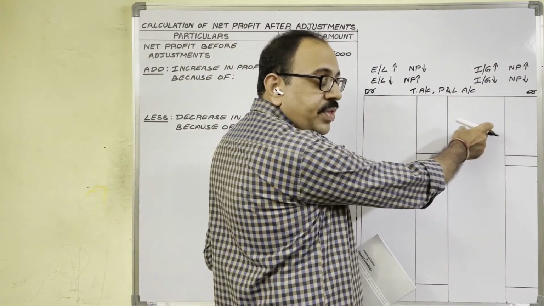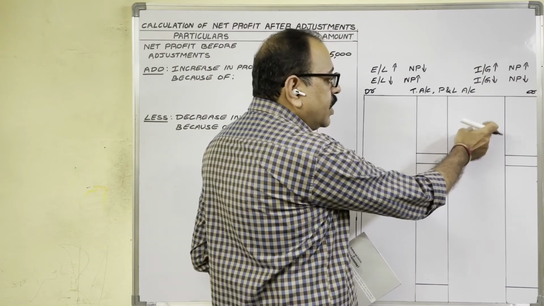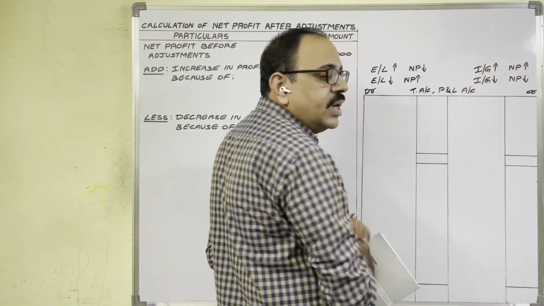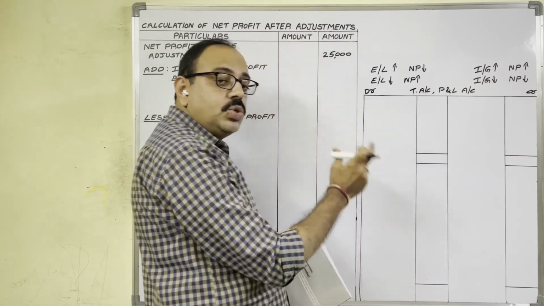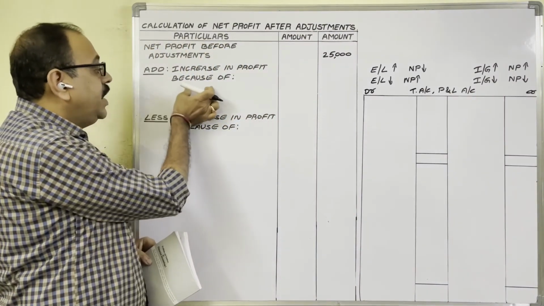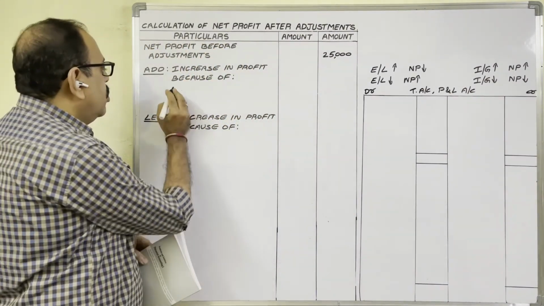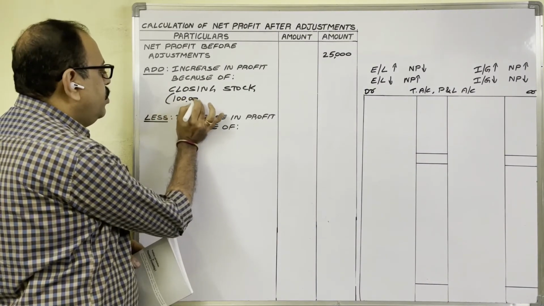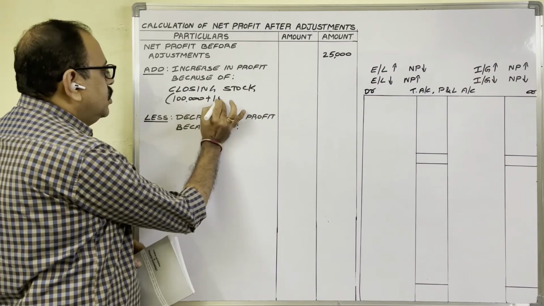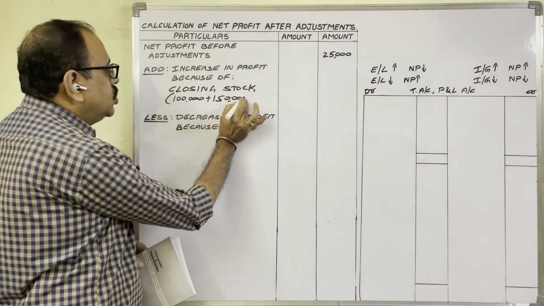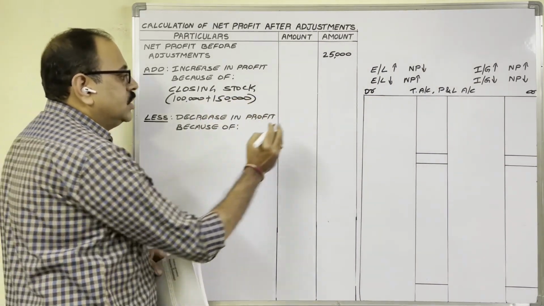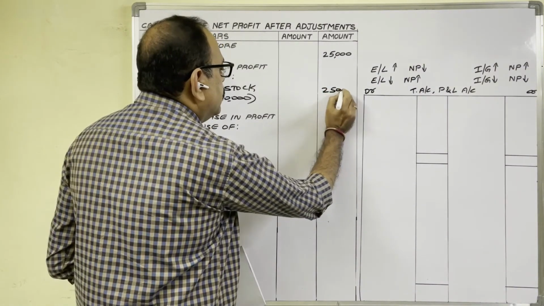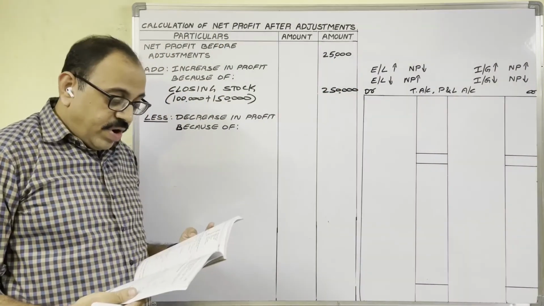So income is increasing, and when income increases, net profit increases. Means these two amounts we should show under additions: closing stock, raw material 1 lakh plus finished goods 1,50,000, total 2,50,000 rupees.